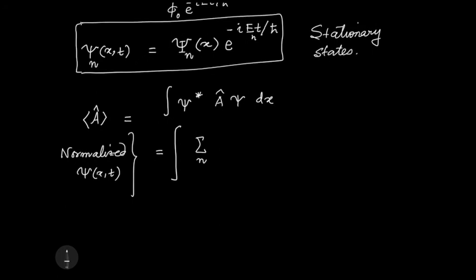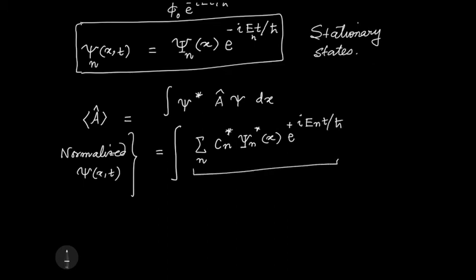So this essentially is a summation over n of cn star psi n star. So this is capital psi times e to the minus, which becomes plus now because it's star, i En t by h cross. So this entire thing is my psi n star, and then psi n, integrated, with a summation over all n.